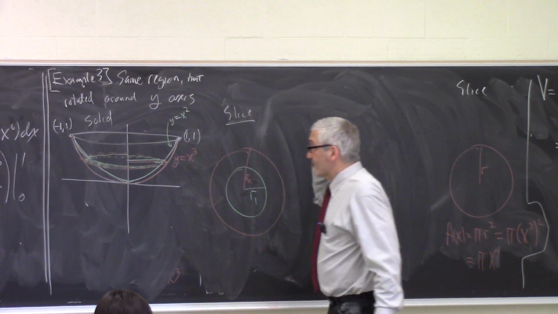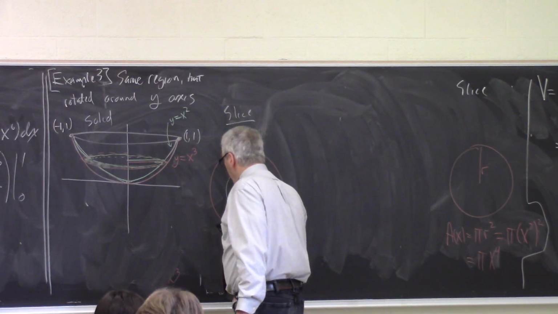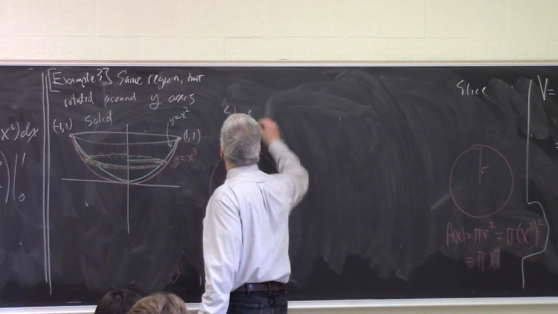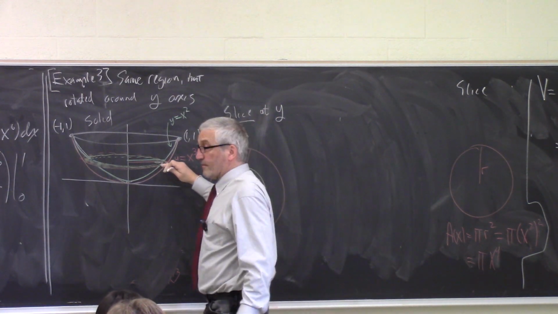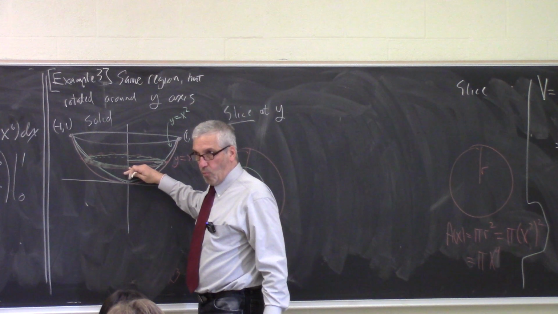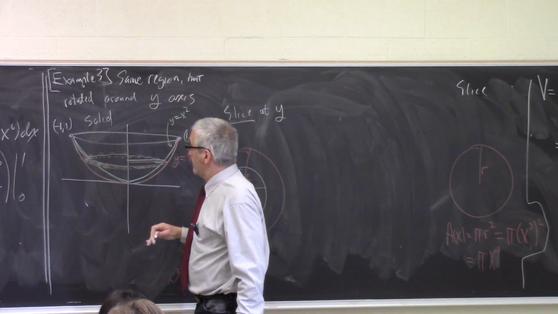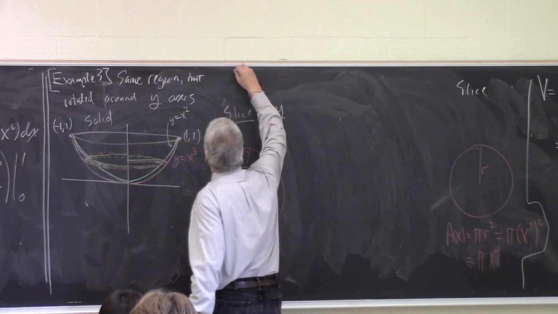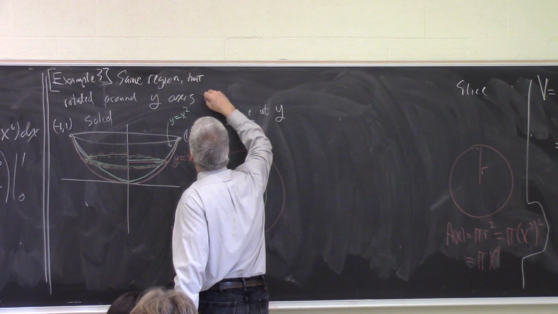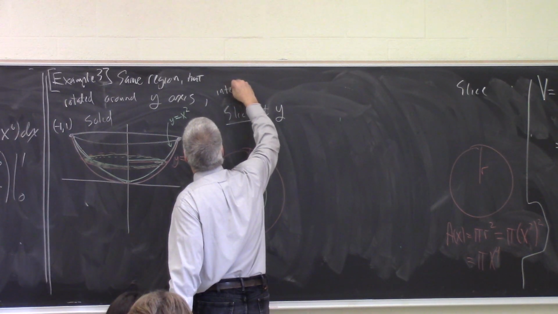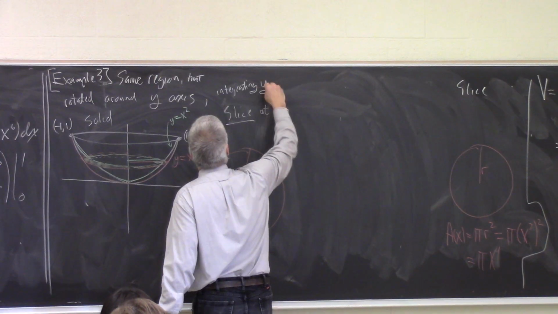But the thing is, the size of the slice depends on the value of y. This is the slice at height y. So we're going to be integrating y. So rotating around the y-axis, integrating y, not x.